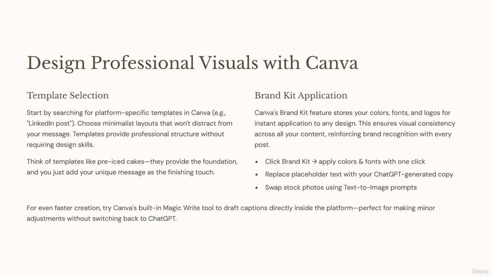Once you've got a design, use your brand kit to apply your logo, colors, and fonts in just one click. Swap in your ChatGPT-generated text, and if you need an image, use Canva's text-to-image feature. You can even draft minor tweaks to your captions directly inside Canva using its Magic Write tool. Think of it this way: the template is your pre-iced cake. All you have to do is sprinkle on your message.